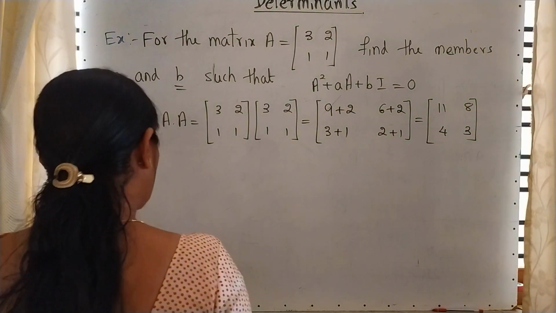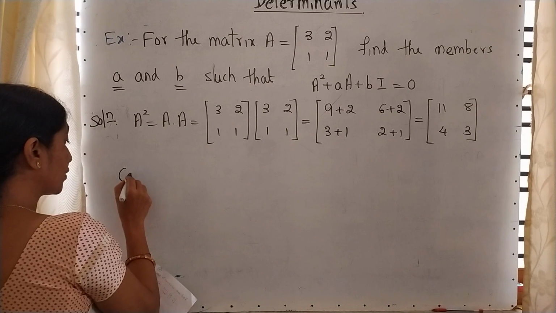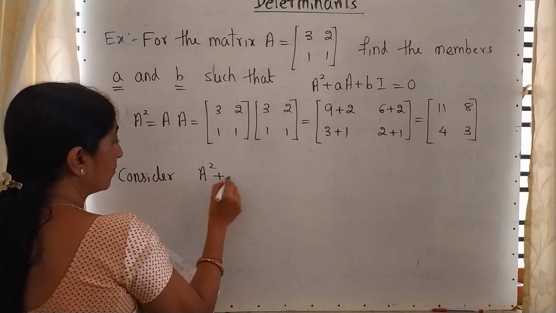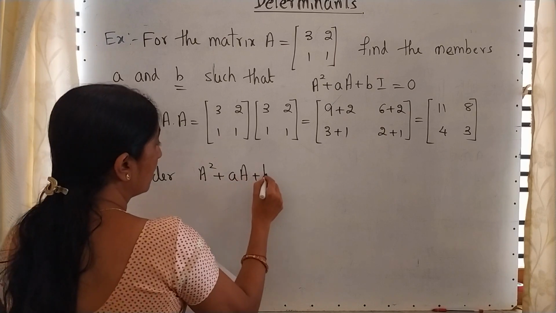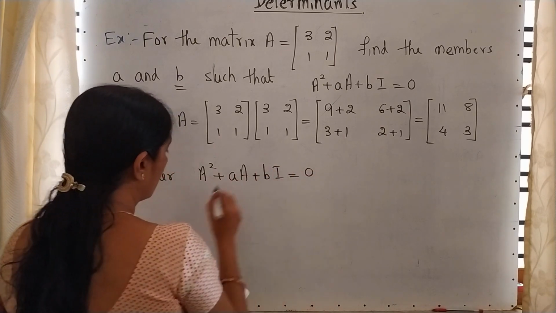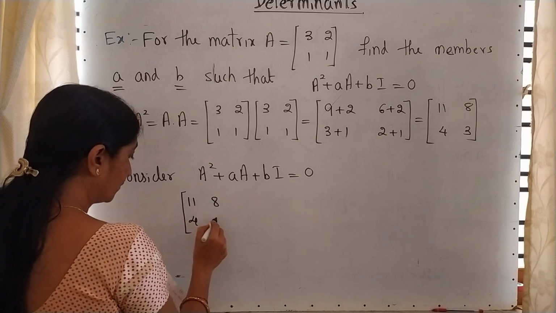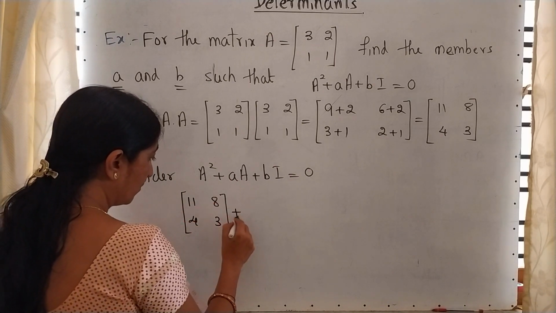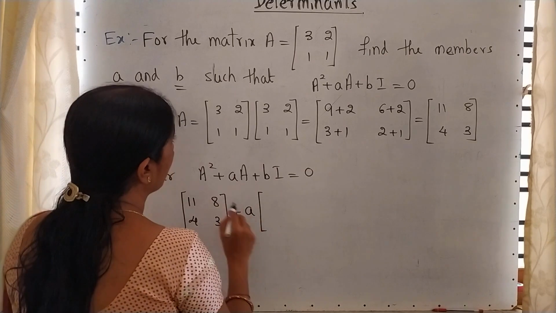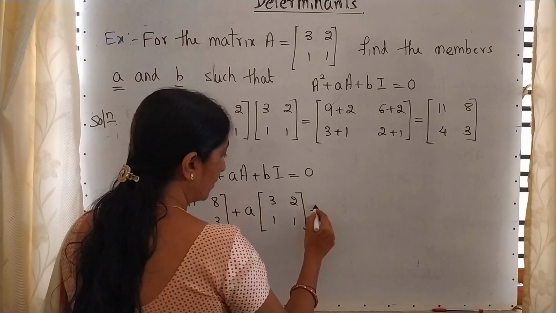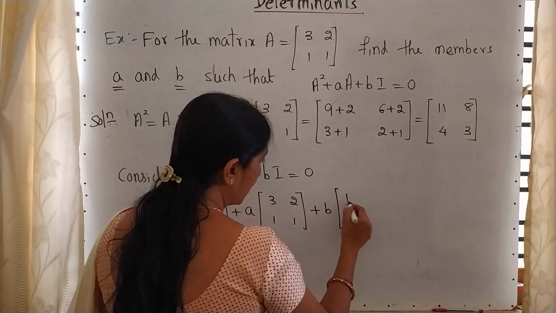After this, we have to write the given condition. Consider A square plus A into A plus B into I is equal to 0. Write down that A square value, plus small a as it is, write down A, plus B. I is what? Identity matrix.